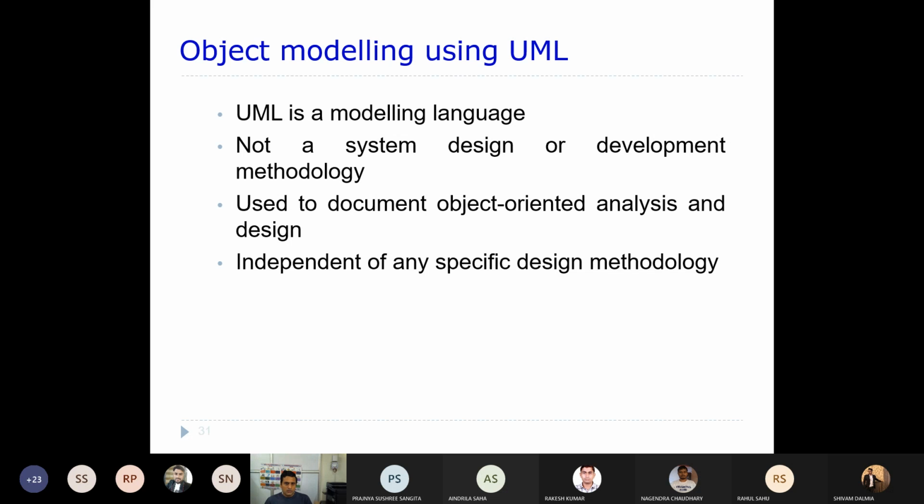So this is what exactly we apply during object oriented analysis and design. It is very much independent of any specific design methodology. So there are many design methodologies, right? This modeling language is completely independent of the specific design methodologies.